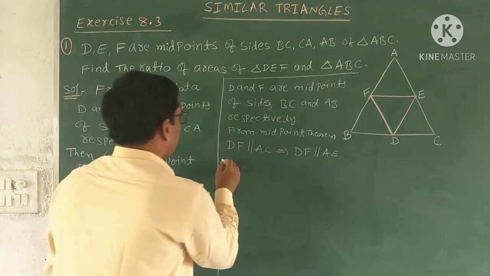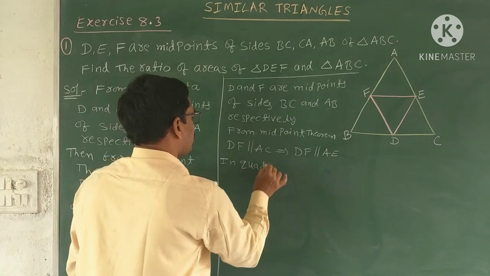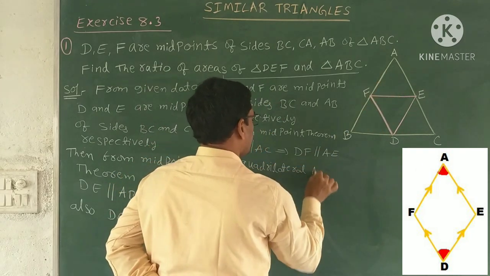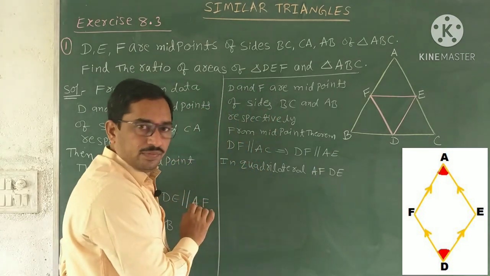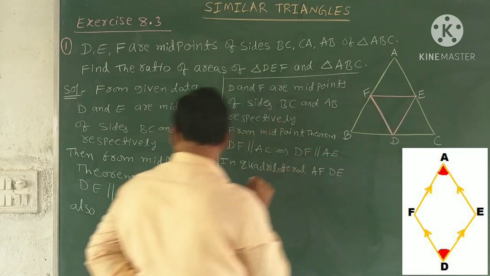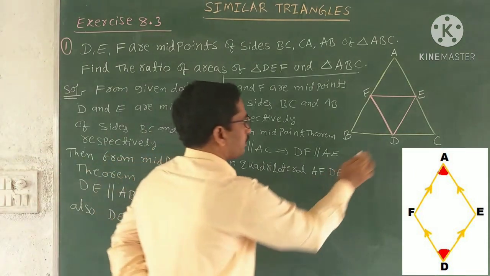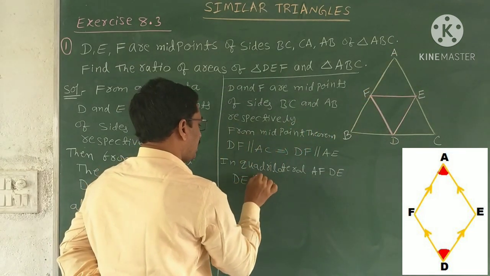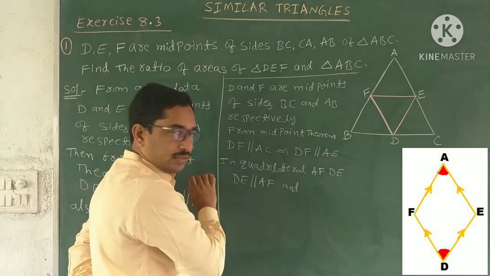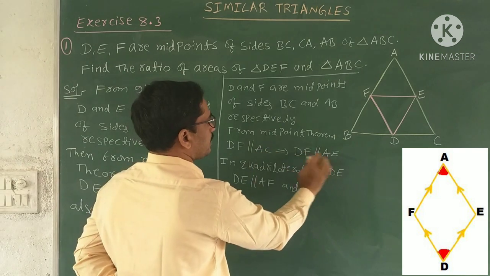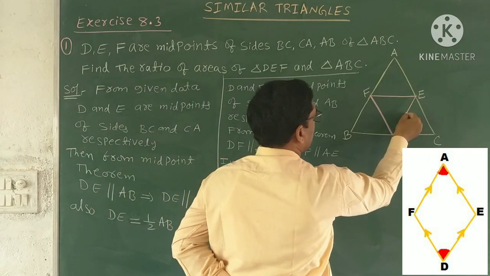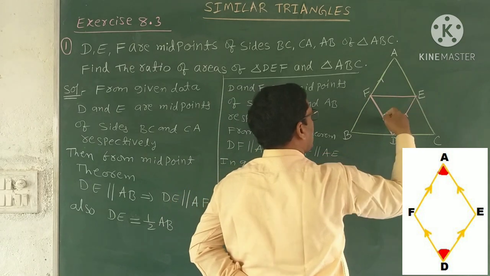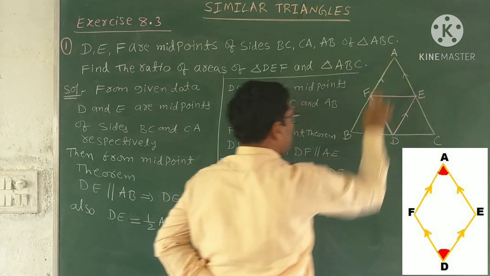Now see, observe in quadrilateral AFDE. In quadrilateral AFDE, the side DE is parallel to AF, and see next the second one, DF is parallel to AE.